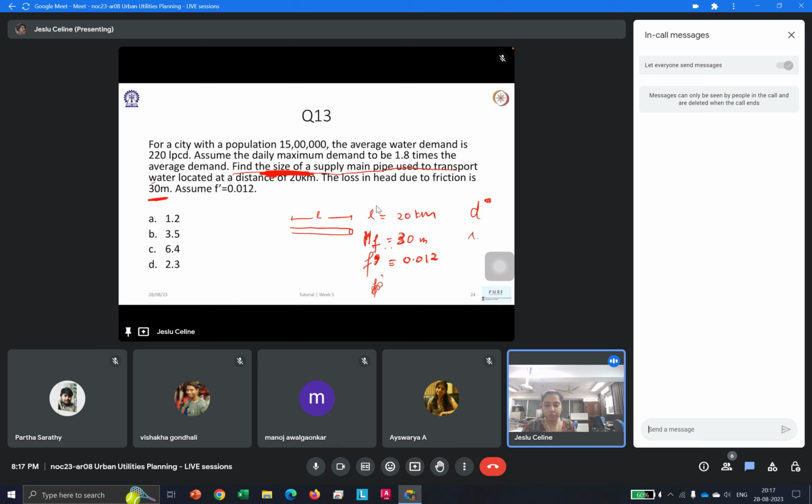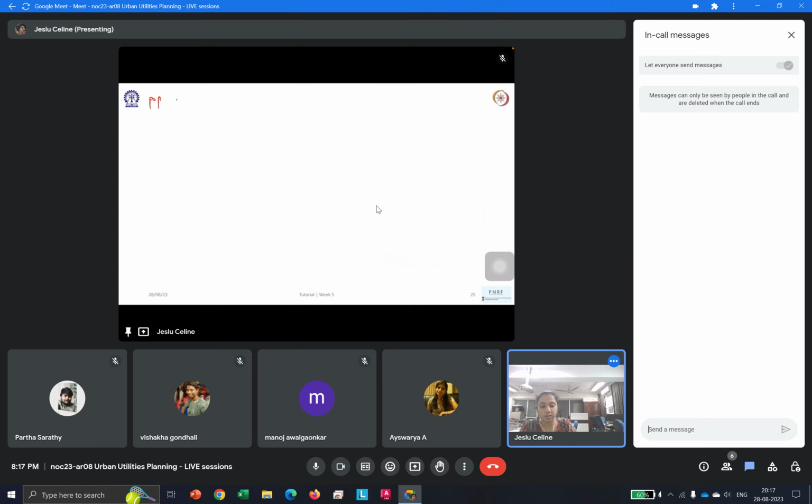So we have population 15 lakhs, 15 into 10 raised to 5. Then we have the water demand Q, average demand 220 LPCD, which is given. Let's take Q max now itself, which is 1.8 into 220. How much does that work out to? We just did it before, so it's 396 LPCD.